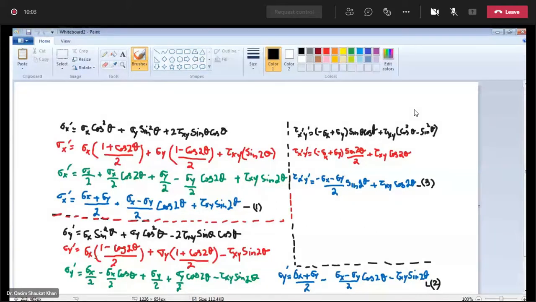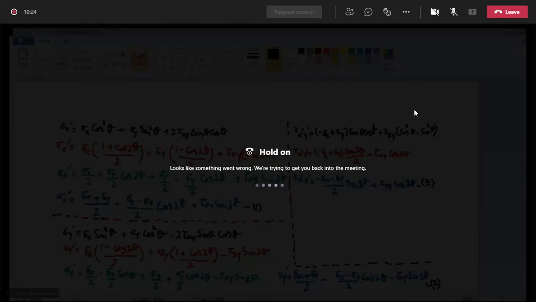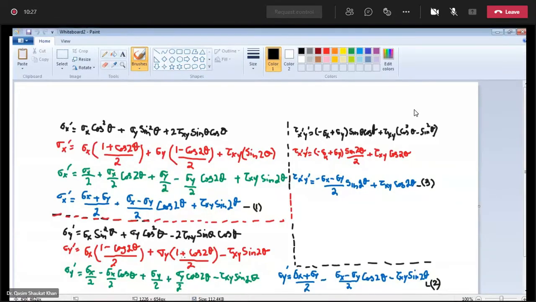So we will rearrange the elements. Sigma y dash is equal to sigma x over 2 minus sigma x over 2 cos 2 theta plus sigma y over 2 plus sigma y over 2 cos 2 theta minus tau xy sin 2 theta. After simplification, my equation will become sigma y dash is equal to sigma x plus sigma y over 2, minus sigma x minus sigma y over 2 cos 2 theta, minus tau xy sin 2 theta.